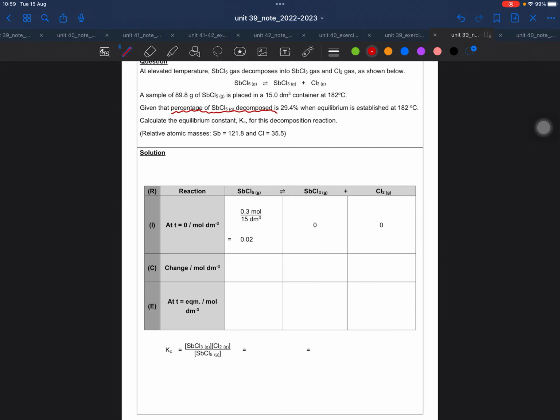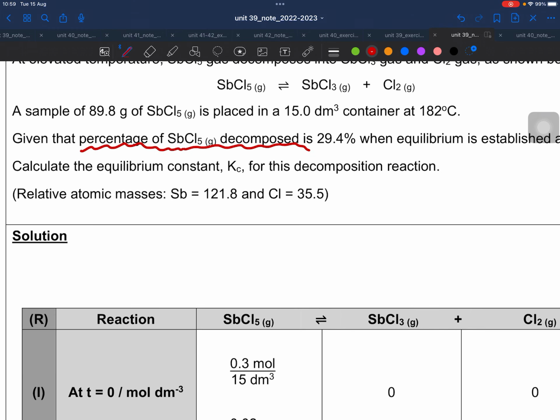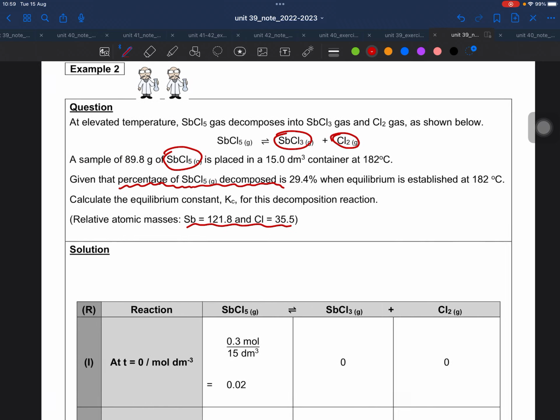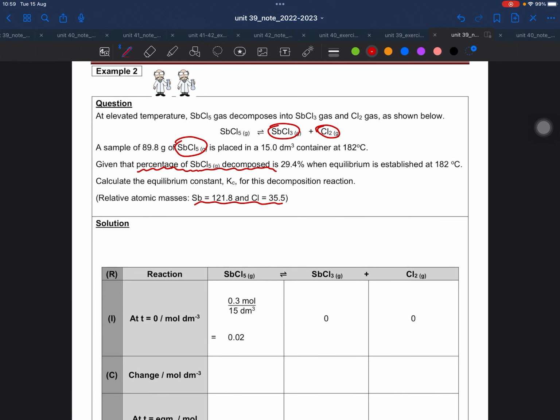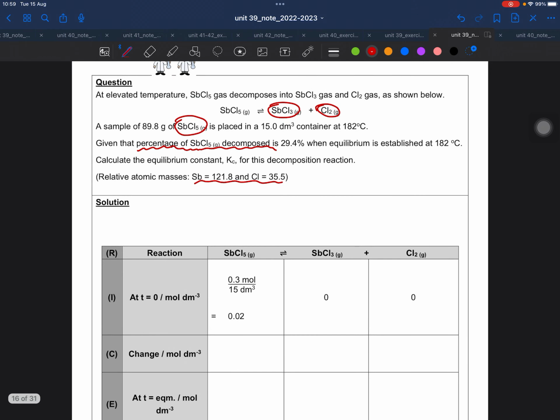So, again, you should pause the video and start your job first. And I give you some hints. Please find the molar mass of all three species first with the given information. That will help you a lot. So find the molar mass of them first, and then you can stop the video at this moment until you finish your job.